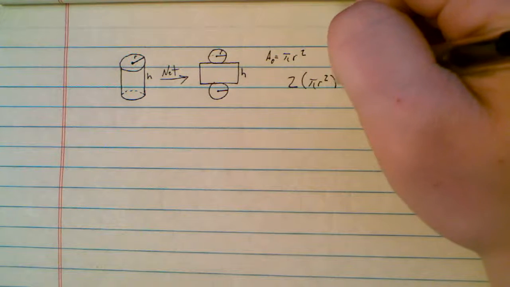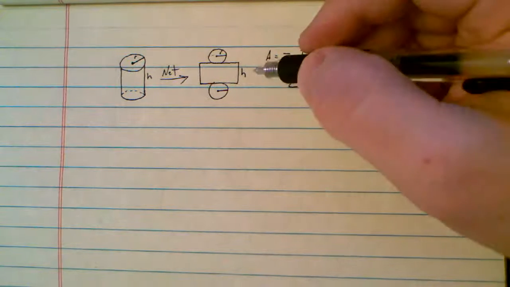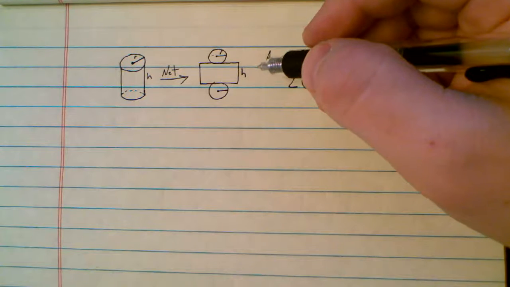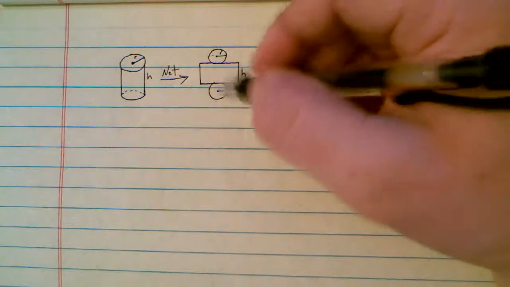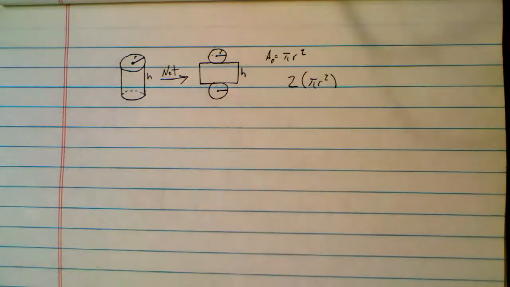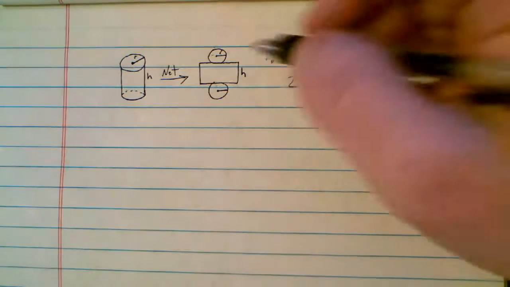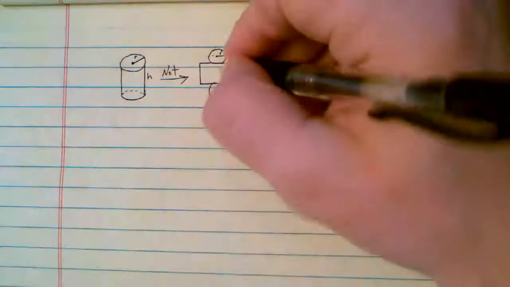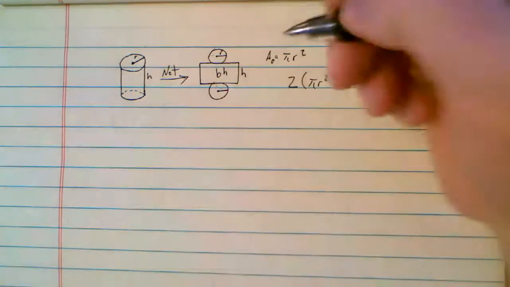For the most part, these guys are going to be the same size, except in rare occurrences. Everything you will have to do for a pre-algebra class, they'll be that size. And as we know, this is base times height.